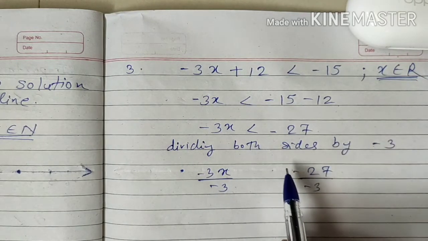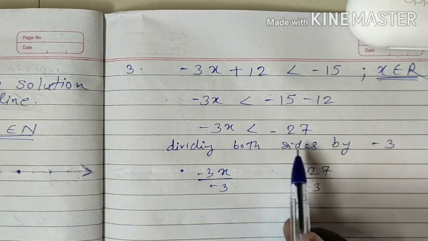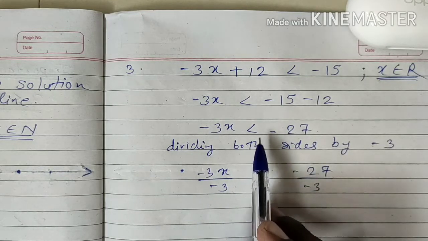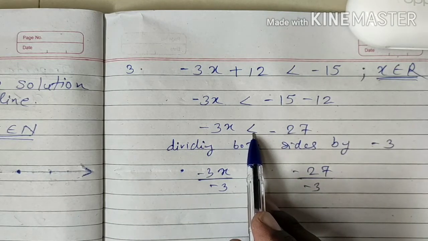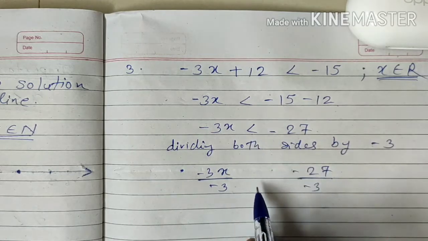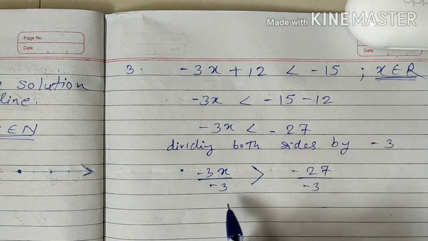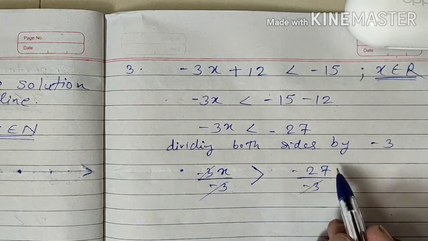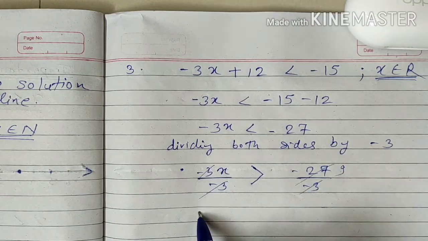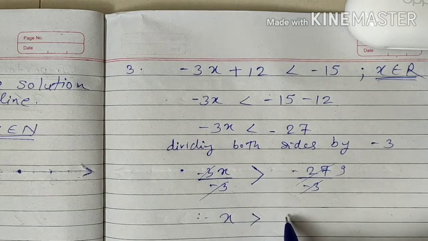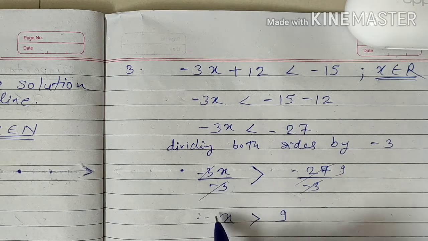Okay, so whenever we are dividing both sides by negative numbers, the inequality sign gets reversed. So let us reverse this inequality sign. It will become greater than. Okay, -3 will get cancelled, it becomes 9. Therefore the value of x is greater than 9.